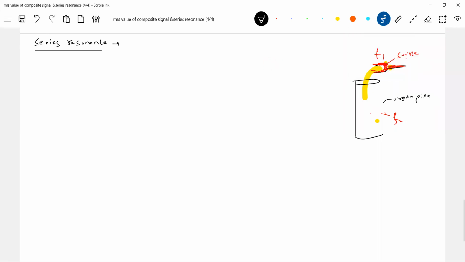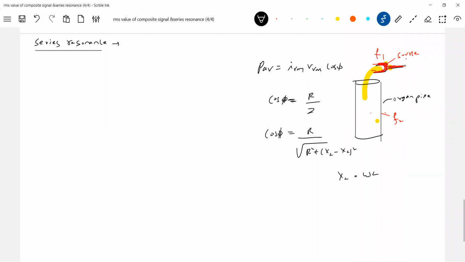P average is equal to IRMS, VRMS, cos phi. Cos phi depends on what? R by Z. And impedance depends on what? Square root of R square plus (XL minus XC) whole square. XL and XC in turn depend on what? XL is omega L, XC is 1 by omega C.